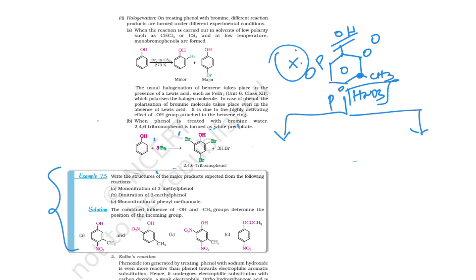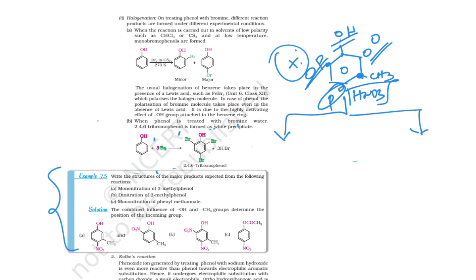So the product is going to be 3-methyl-4-nitrophenol, or we can write 3-methyl-6-nitrophenol. With respect to this, this is the ortho position, this is the meta position, and this is the para position.